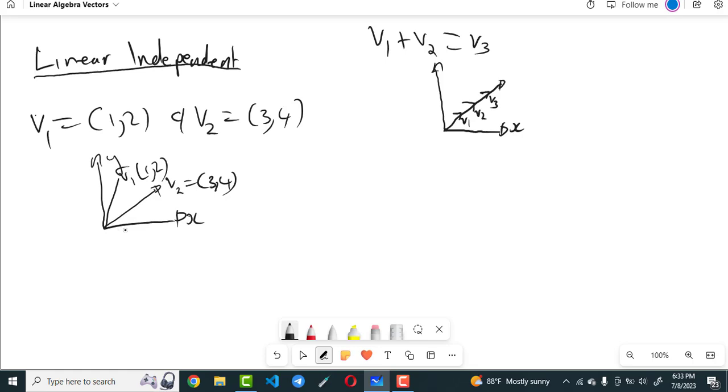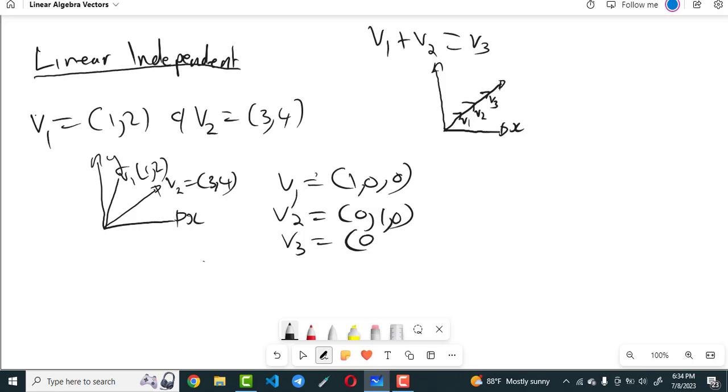And also we can have vectors in 3-dimensional space, for example vector 1 with components 1, 0, 0, vector 2 which is 0, 1, 0, and vector 3. So there is nothing which is dependent here. All values are independent, as you can see.